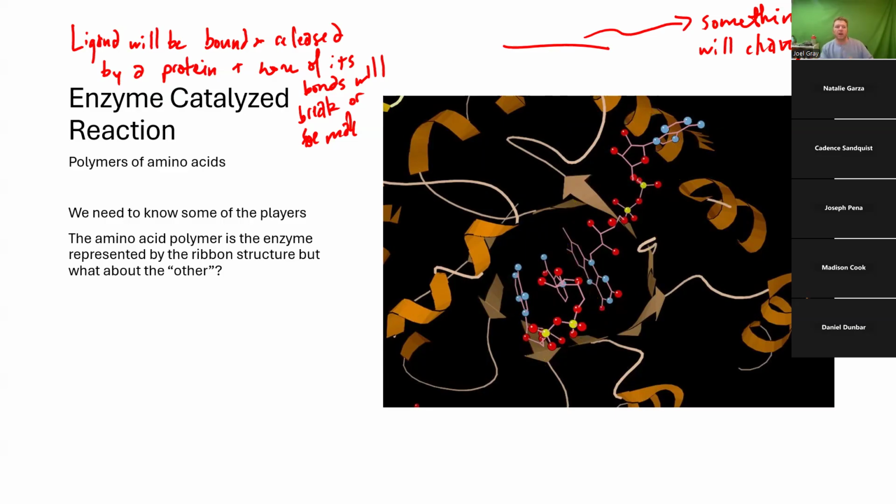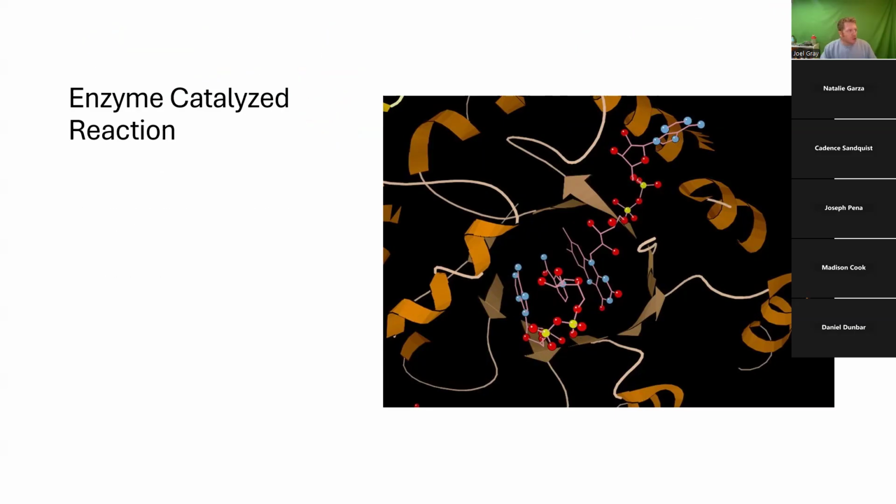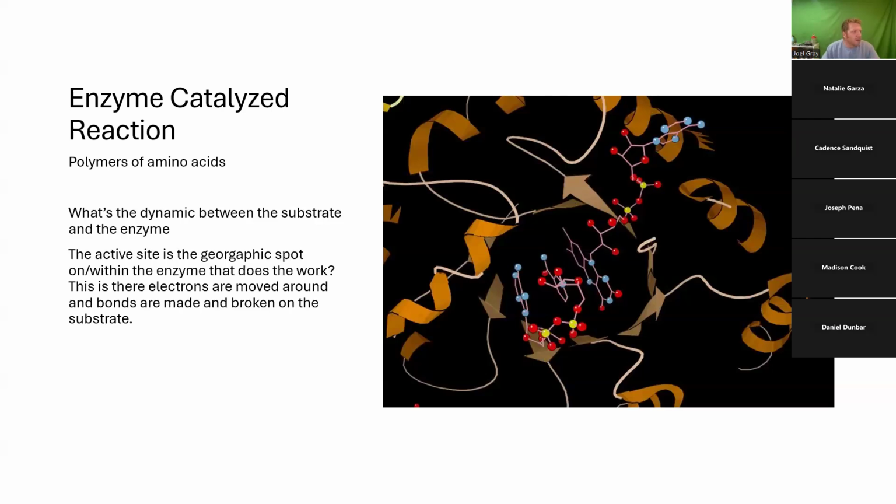That's what we study whenever we are investigating enzyme-driven reactions or enzyme catalyzed reactions. Now, what's the dynamic? What's happening there? The active site is the geographic spot or location on or within the enzyme that does the work. This is where the electrons are moved around and bonds are made and broken on that substrate. So the active site is kind of where the party happens in some respects.